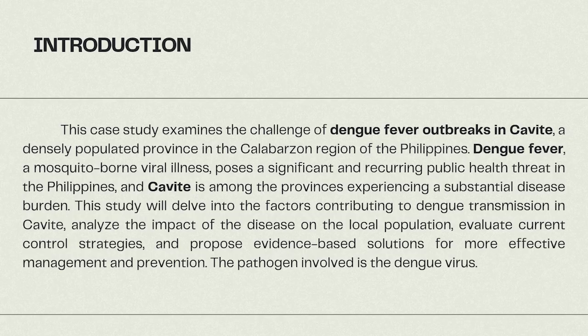This study will delve into the factors contributing to dengue transmission in Cavite, analyze the impact of the disease on the local population, evaluate current control strategies, and propose evidence-based solutions for more effective management and prevention. The pathogen involved is the dengue virus.